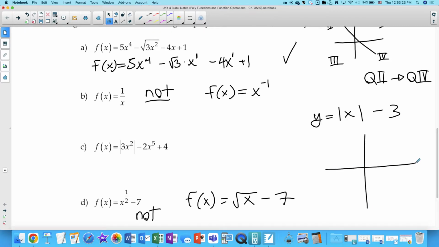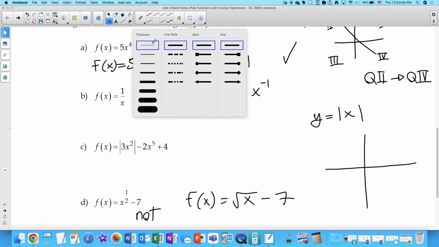In fact, I'm not even going to do that. I'm going to do this. This is what happens when I improvise. I change my mind all the time. Let's look at the graph of y equals the absolute value of x. To get an absolute value function, you can look at the function without the absolute value symbol around it. So think about y equals x.